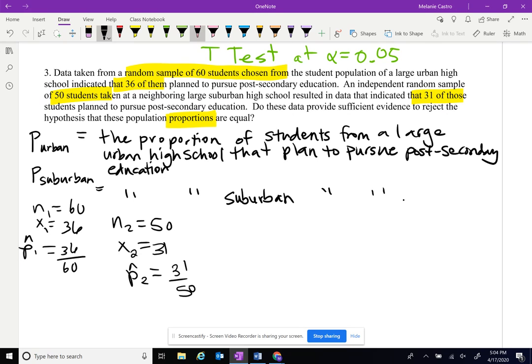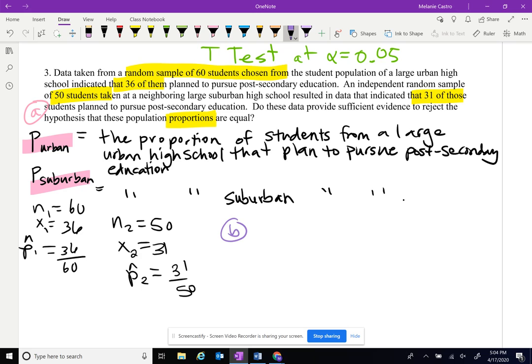Here we need to go through. So we just did defining the parameter. That's part A. Part B is to write your pair of hypotheses. So I'm going to give you some choices here. All right, hopefully you picked correctly.